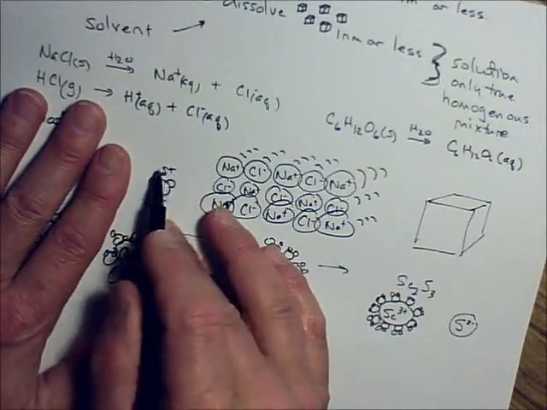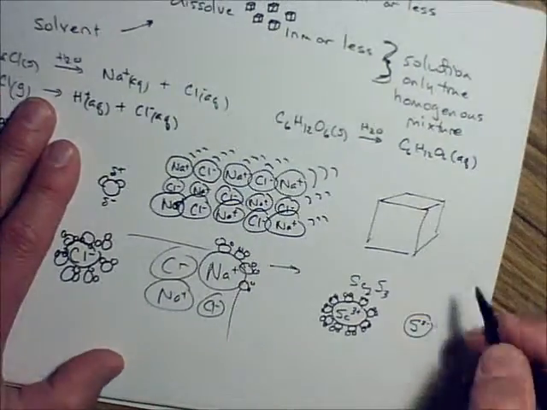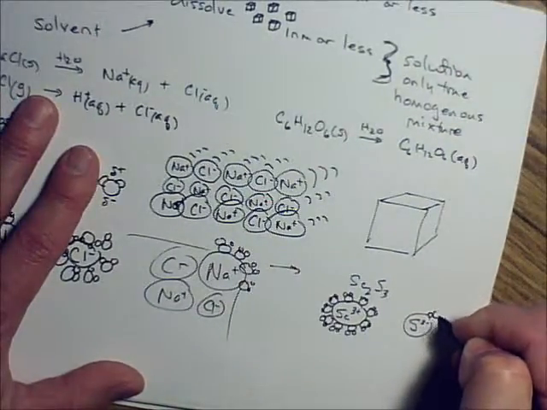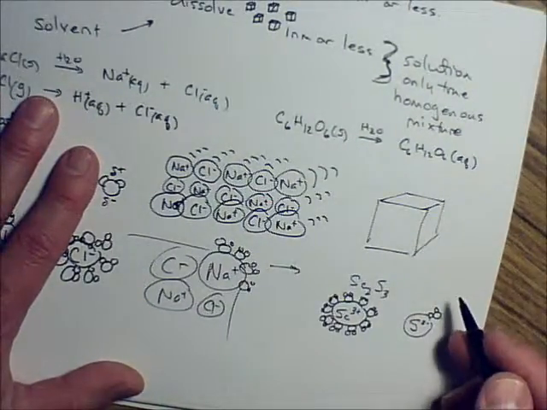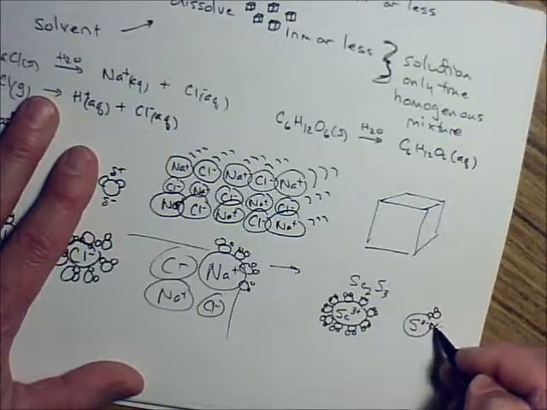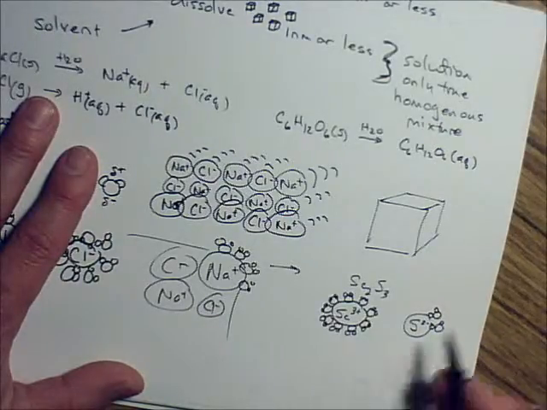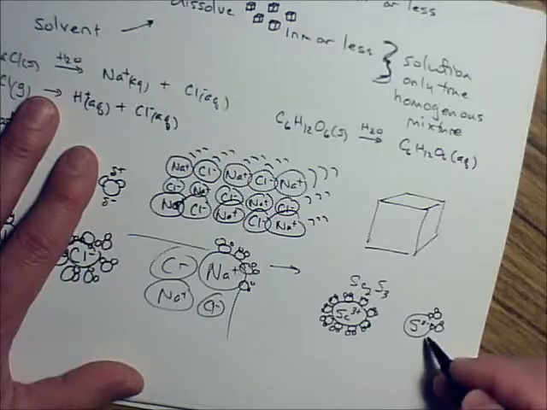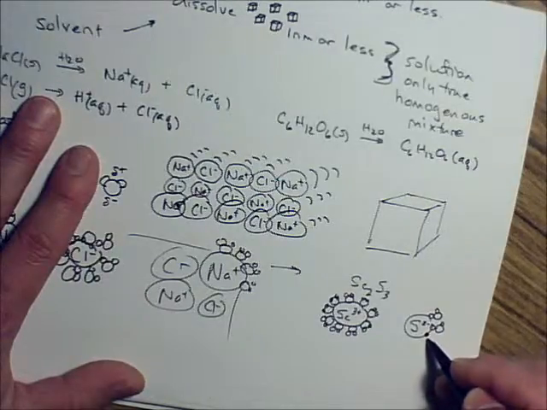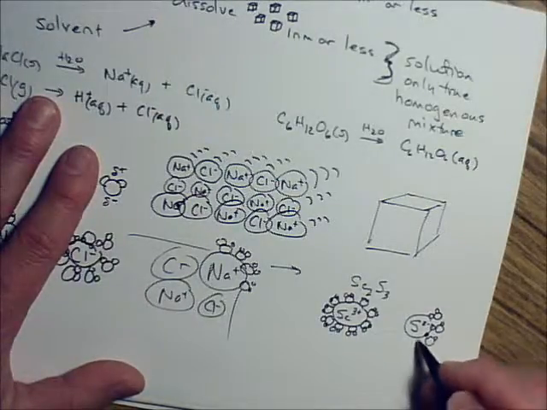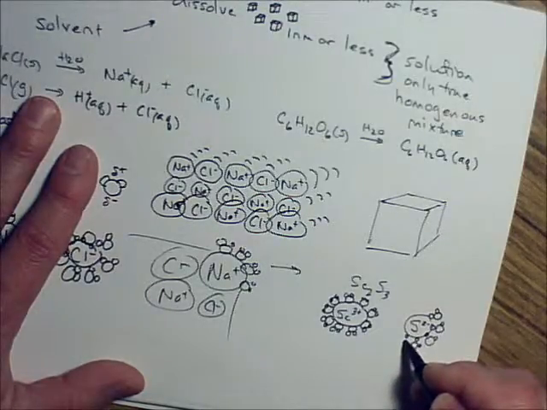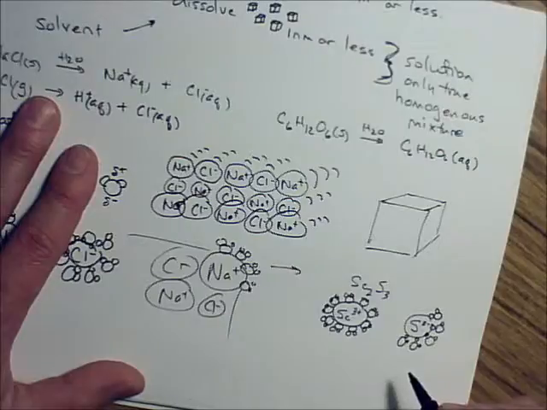The side with the partially positive end is what rubs up against, if you will, the scandium. The hydrogen side of the water is what joins up with the scandium or nestles up against it. The hydrogen side is attracted to the scandium. It's not bonded. It is attracted by the opposite charges.